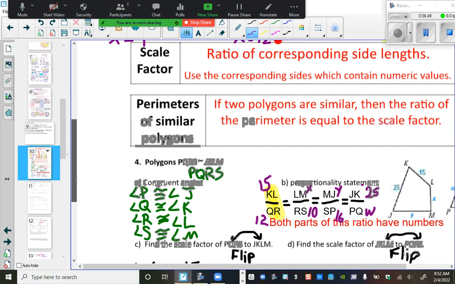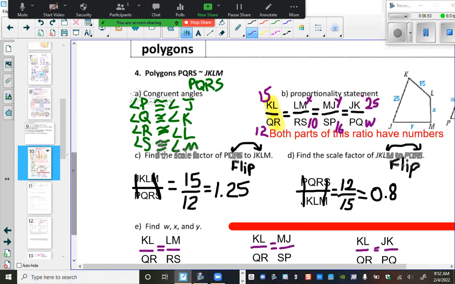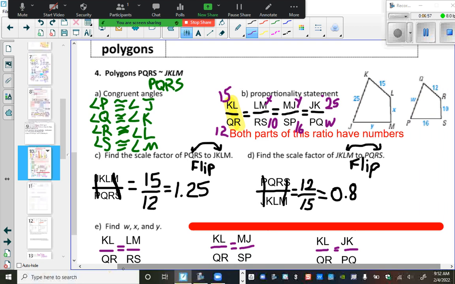That's basically, you need the same proportion, same factor. Like when you go from either the larger polygon to the smaller or vice versa. Now, when you do the scale factor, best way to think about it, flip it.